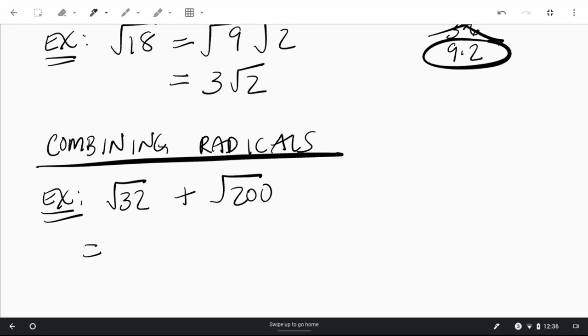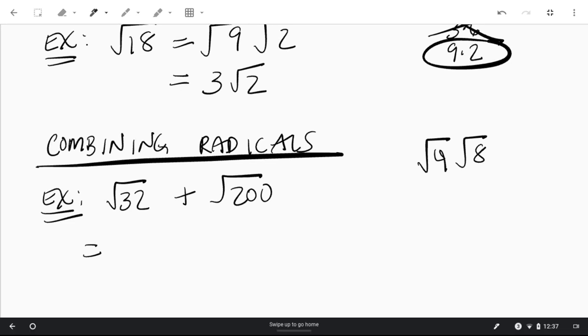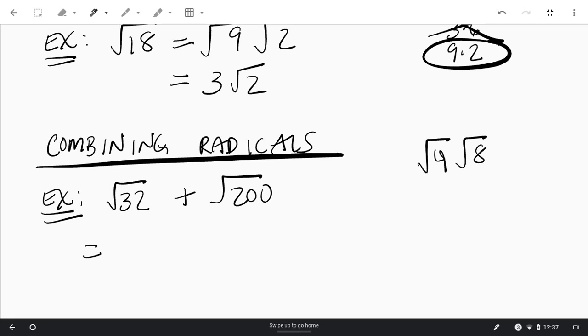So 32, you want to try to take the largest perfect square. Maybe you don't see it. Maybe you're thinking 4 times 8 for the 32. That would work. If you use 4 times 8, that would work. But then you have to also notice that this 8 can also be broken down using 4 times 2.